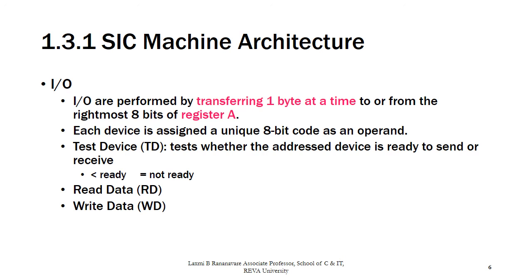Then the next instruction is read data, which reads the data from the input device. Write data writes the result into the output device. So these are the three input output instructions for the SIC machine.